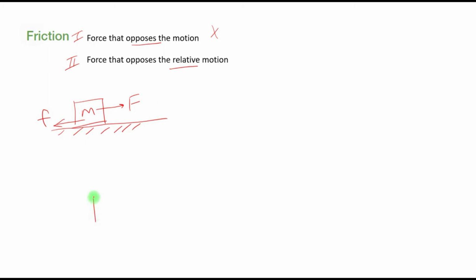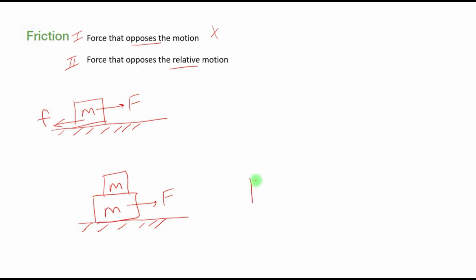Let's say you have the same block kept on top of another block, and this system is placed on the ground. In this case, the applied force F is being put on the bottom block and not the top one. Now if I draw the free body diagram for each of these blocks, let's see what happens.